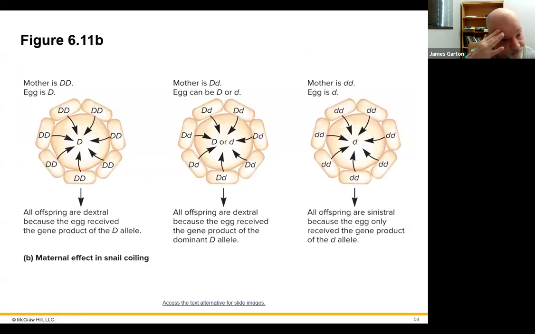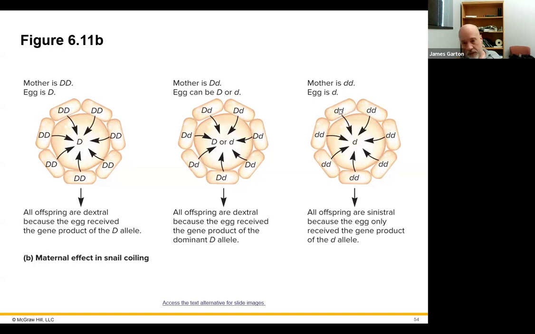And so basically, if the mother is capital D, the egg will get nothing but capital D's. If the mother is heterozygous, both gene products can be put in, but since the capital D allele is dominant, it will express itself over the lowercase allele.